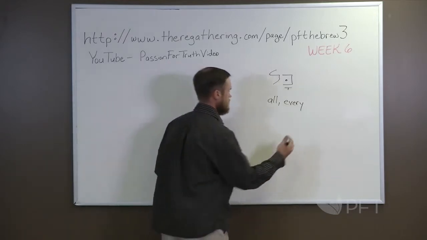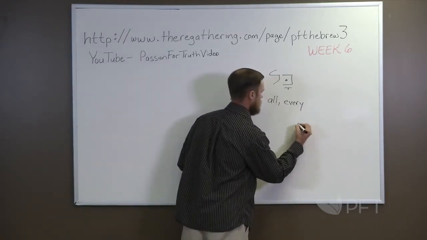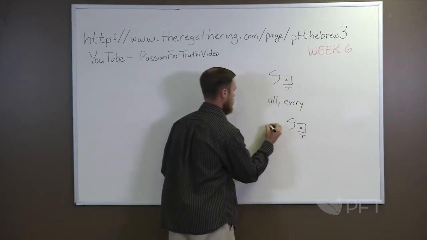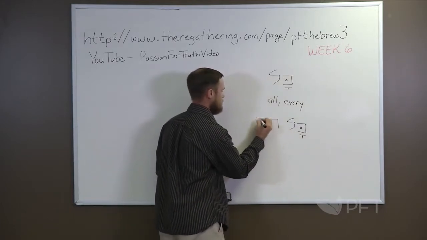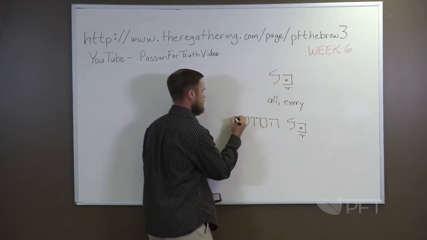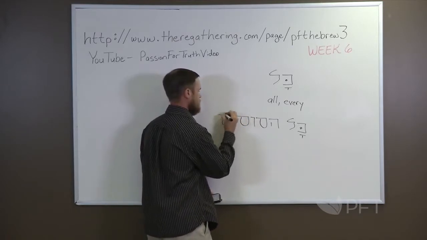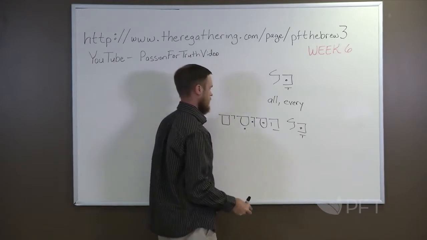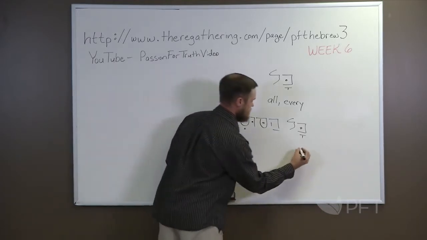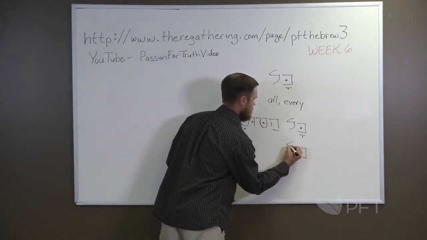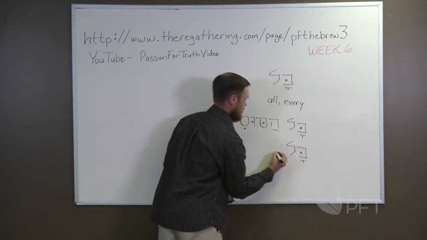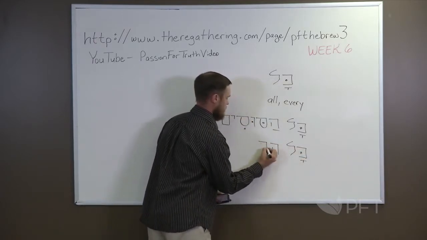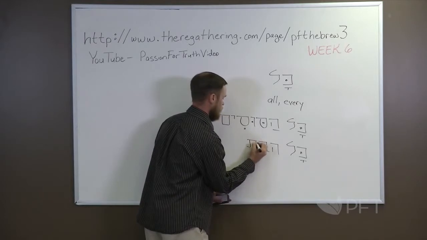Okay, so all the horses would be kal hasusim. All the houses, kal habatim. Remember our irregular plural for houses.